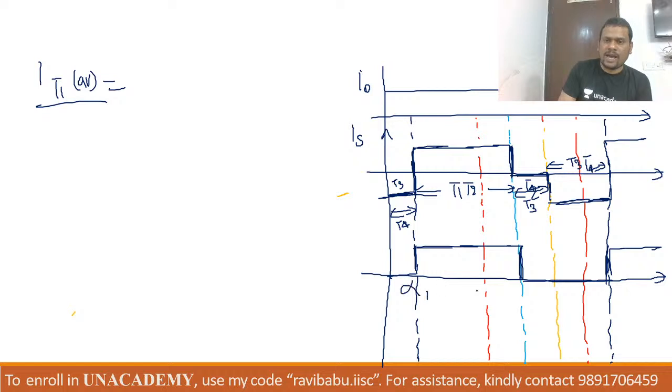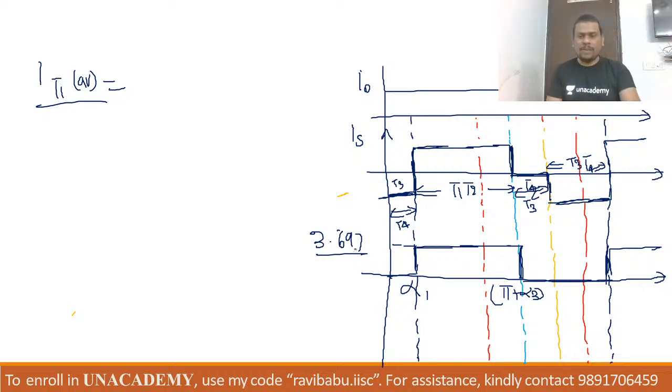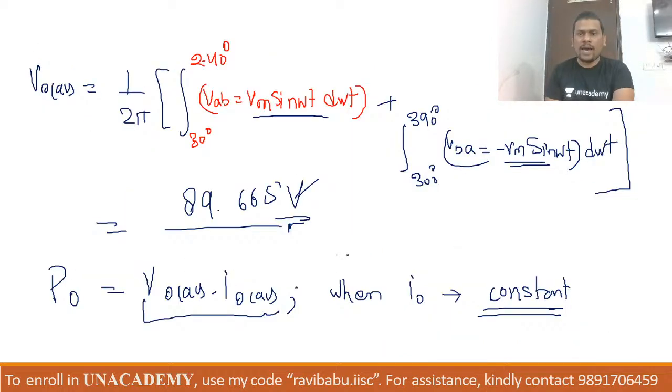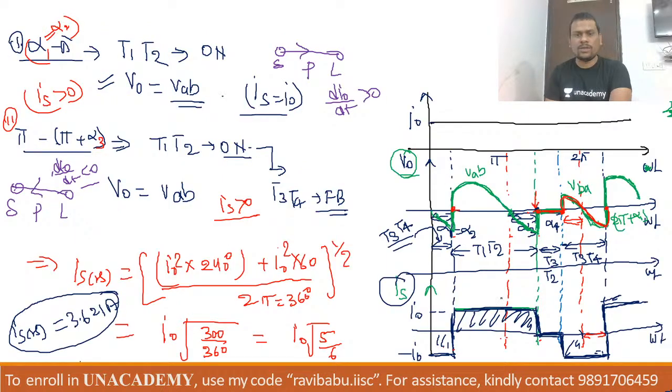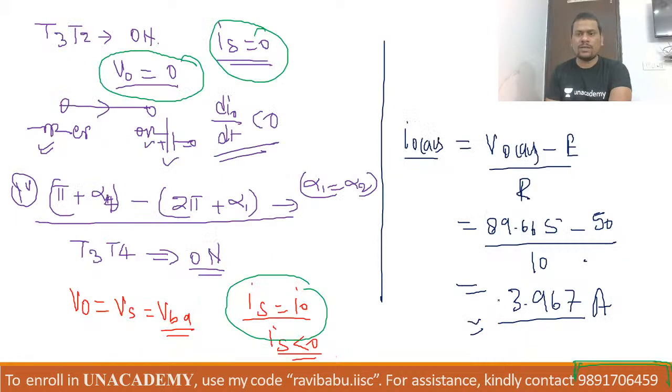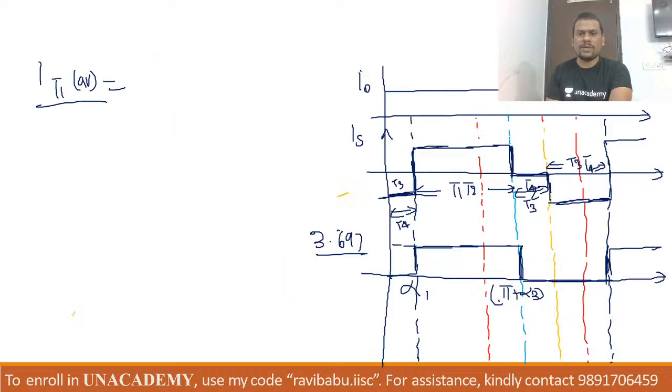So it will flow from alpha 1 to pi plus alpha 3, and this magnitude is 3.967 ampere, I naught. Wait a minute, IS is 3.967.